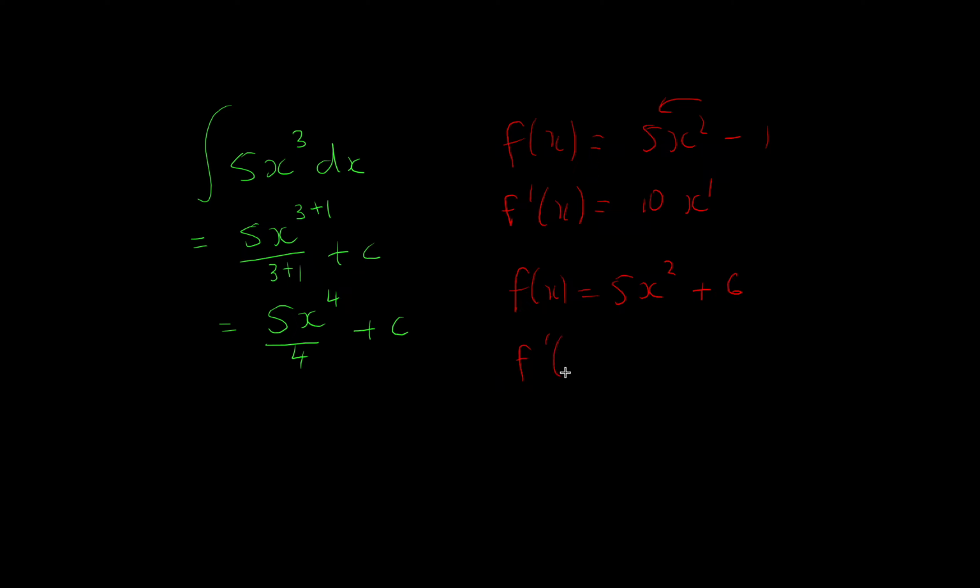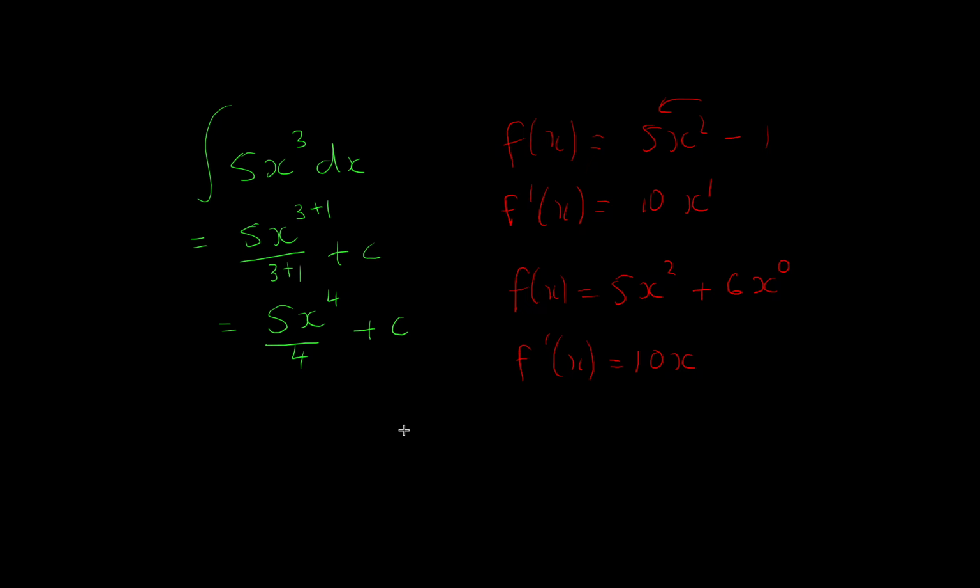Again, let's get the derivative. It's going to be 5 times 2, which is 10x, and plus 6, that's 6 times x to the power of 0. We multiply the 0 with the 6, so it gives you 0. 6 times 0 is always 0, multiplied by whatever. So if you get the derivative of a constant, we always get 0.